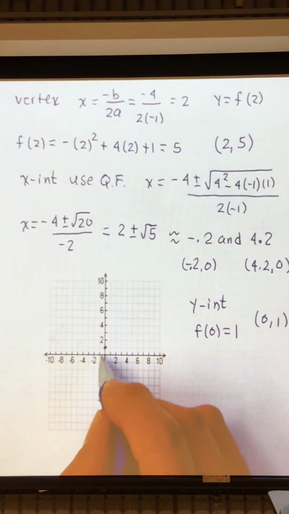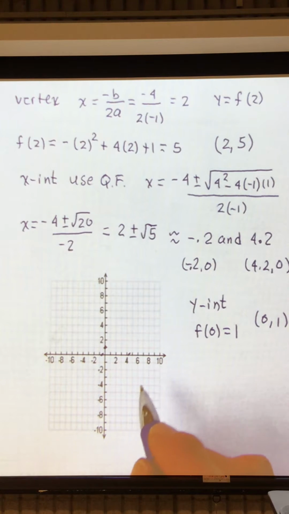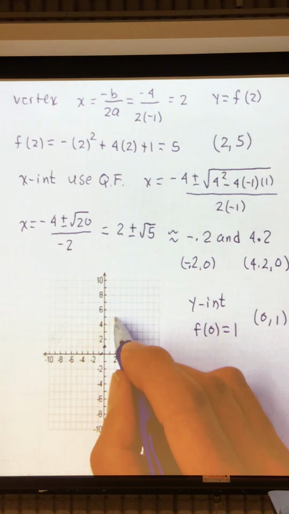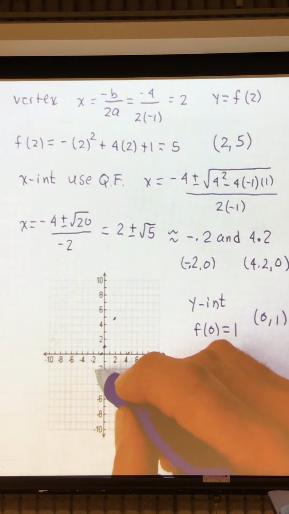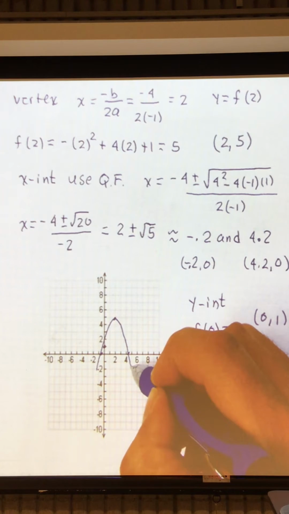X-intercepts, negative 0.2, right about there, and 4.2, right about there. And the most important point, the vertex, is at 2, 5, and that'll put us right about there. So in that small space, we will draw our parabola.